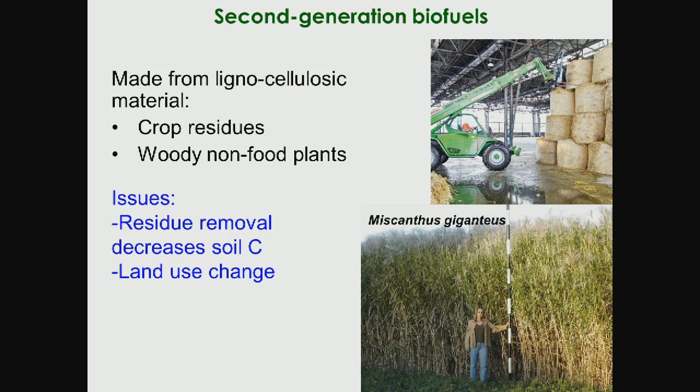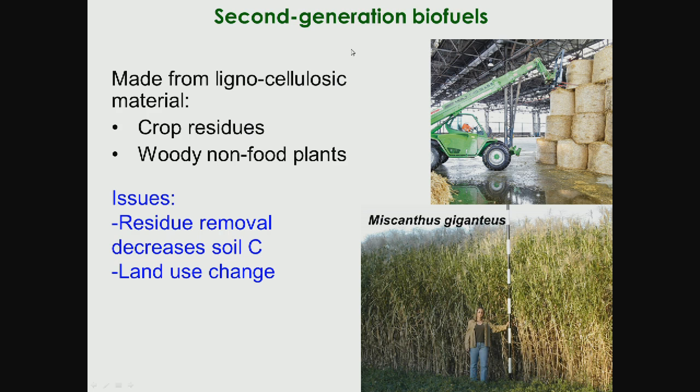Likewise, we've got so-called second generation biofuels. These are not directly using food components as a fuel, but are using either residues, such as, say, leftover straw or other components after the grain has been removed, that can be converted into a biofuel, typically through fermentation to produce a bioethanol, or the growth of a non-food crop, such as this fast-growing woody miscanthus, so-called energy crop.